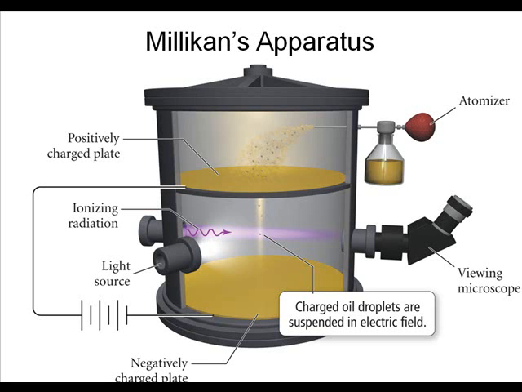And what he's able to do is cause the oil droplets that are now charged to become suspended. They're able to just hang in space because the droplets are charged because they lost their electrons, and the plates are allowed to hold that charged particle. And he knows he can hold it there by viewing it through the microscope.